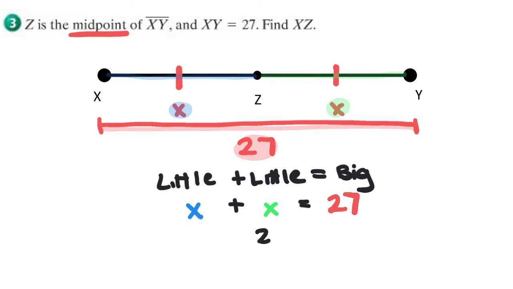And if I solve this, I get 2x equals 27, and x equals 27 over 2, which we can leave as a fraction in proper form.